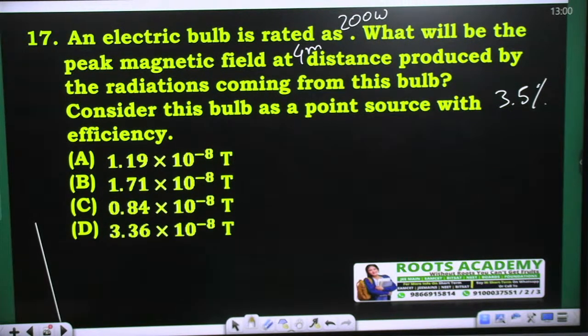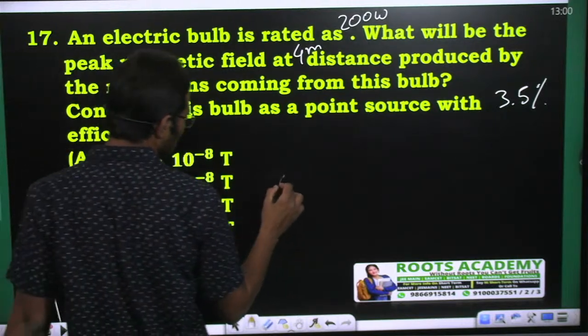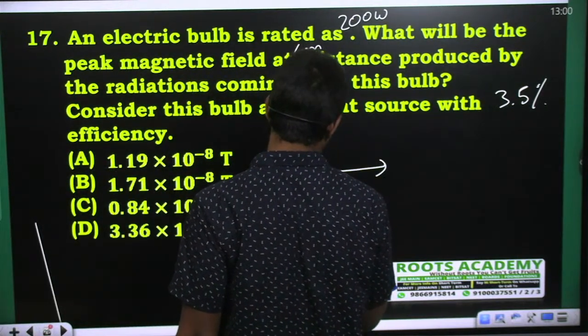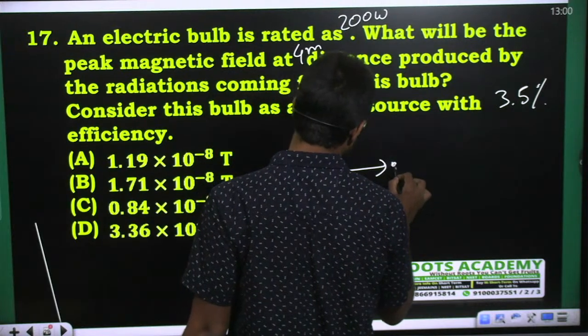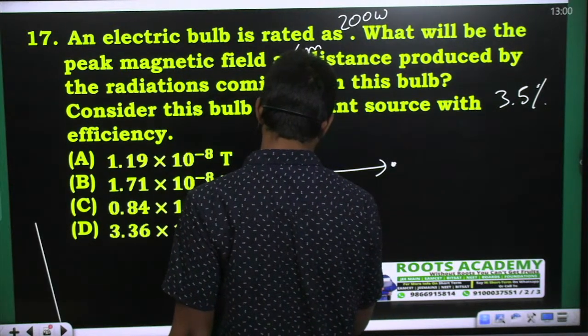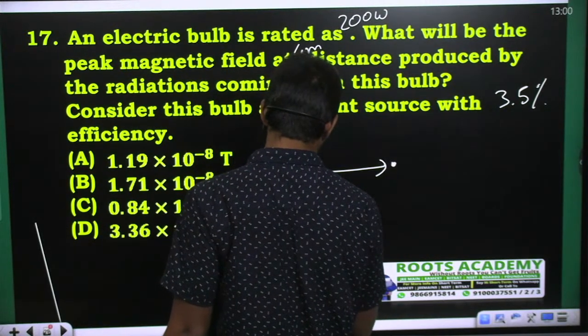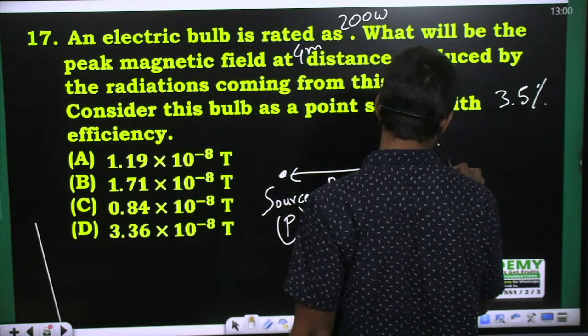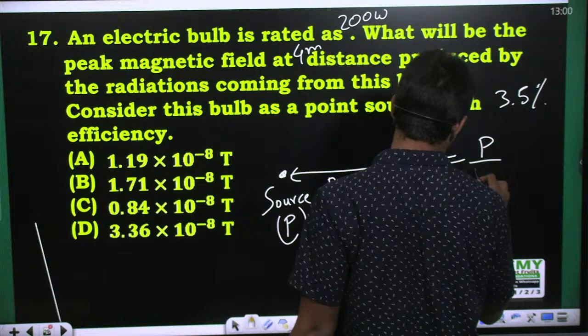So people watching online, come on, comment your answer. See, let us consider it as a source and at a distance of r. What will be the intensity? Intensity is equal to power by 4 pi r square.